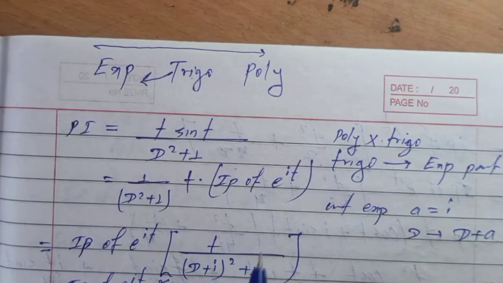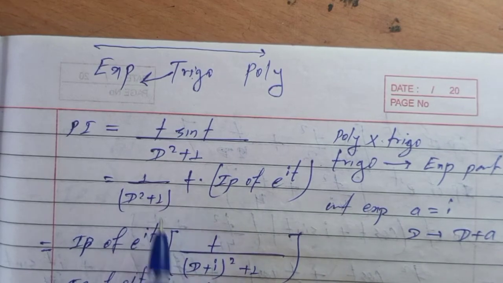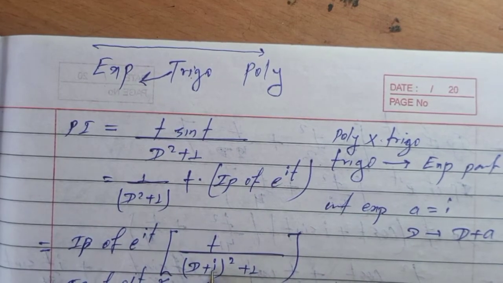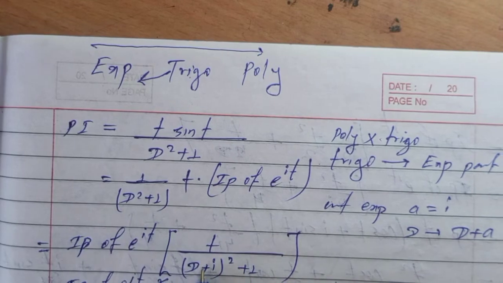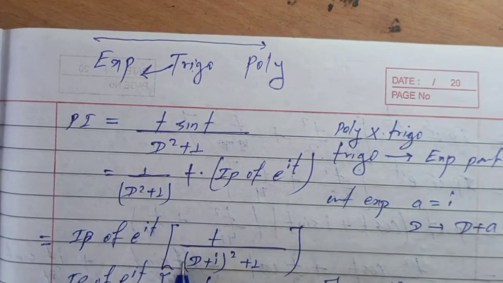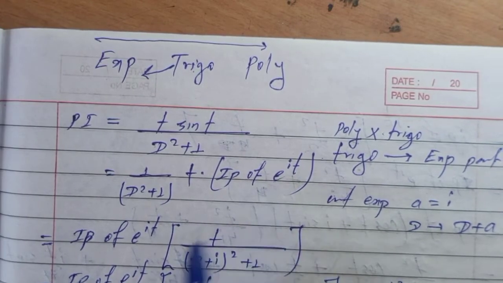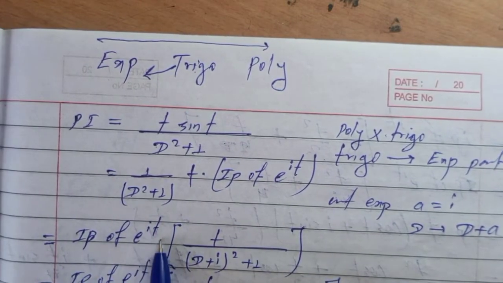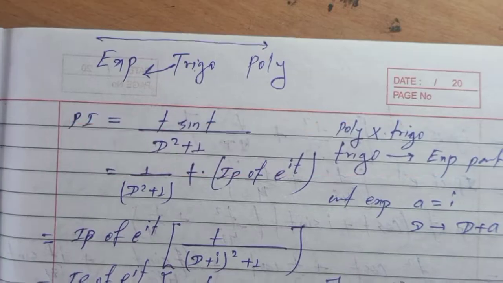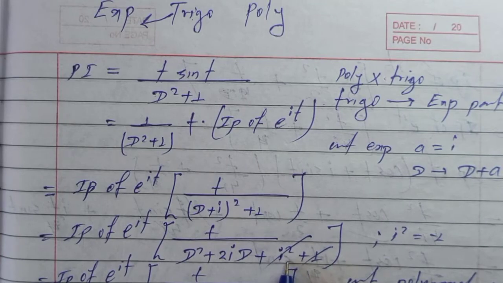Look, now we are going to solve with respect to exponential. So we will replace D with D plus i. So here is D squared, it becomes (D plus i) squared plus 1. And we have done the work with respect to exponential. So this whole term is going to appear as a product. Open the bracket and we're going to get this from a squared plus 2ab plus b squared.